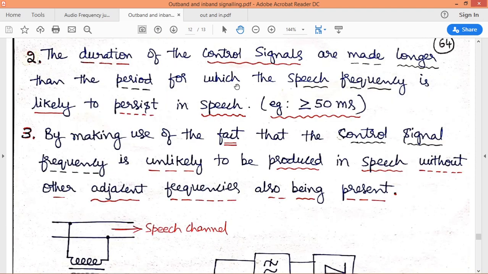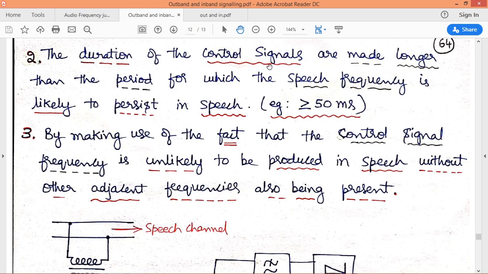The second measure taken is that the duration of the control signal is made longer than the period for which a speech frequency is likely to persist in speech. Generally, the control signals are made to be present in our system for greater than 50 milliseconds.